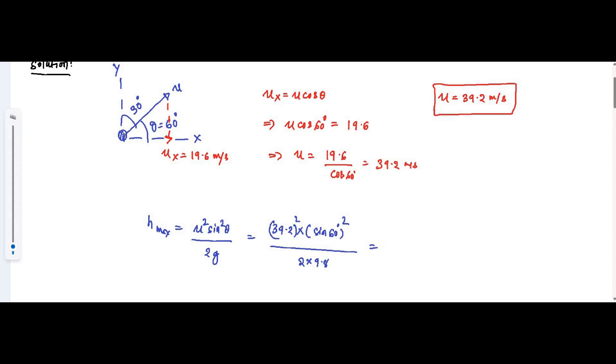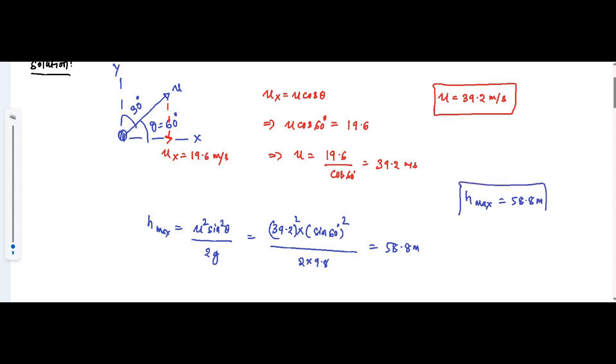So the result is coming around 58.8 meters. This is the maximum height. So maximum height is equal to 58.8 meters.